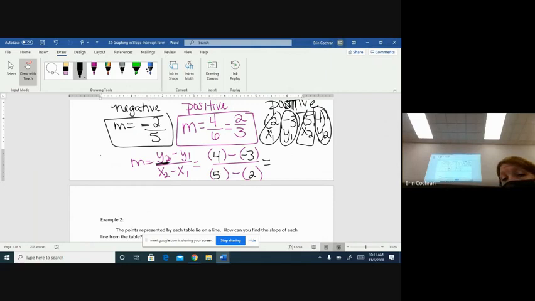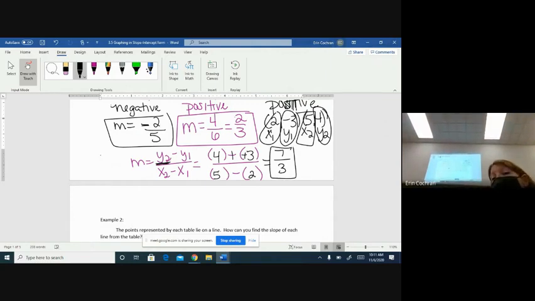4 minus -3, so change is, okay. Well, hold on. If you would have switched it around, and I'm going to explain, you might have -7, so give me a second. And then what's 5 minus 2? It's 3, so we have 7 over 3.